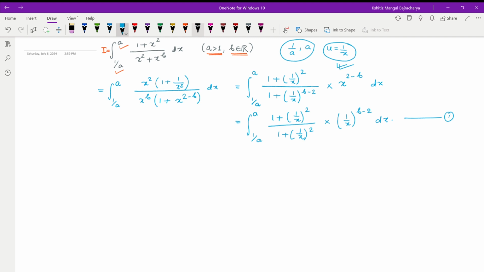Now it's quite evident that the substitution we're going to make is u equals 1 over x, because everything here is in terms of 1 over x, and even if we introduce the derivative of u equals 1 over x, this thing right here can still be simplified.